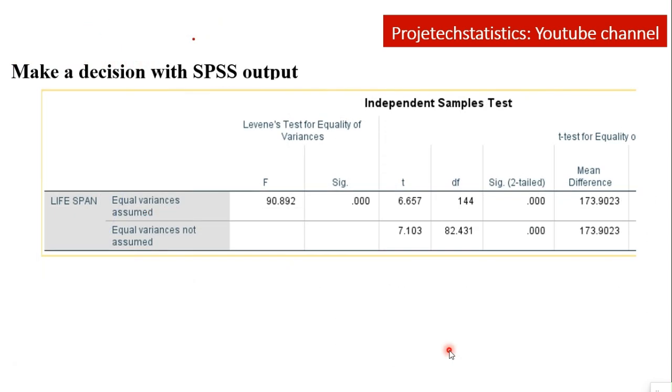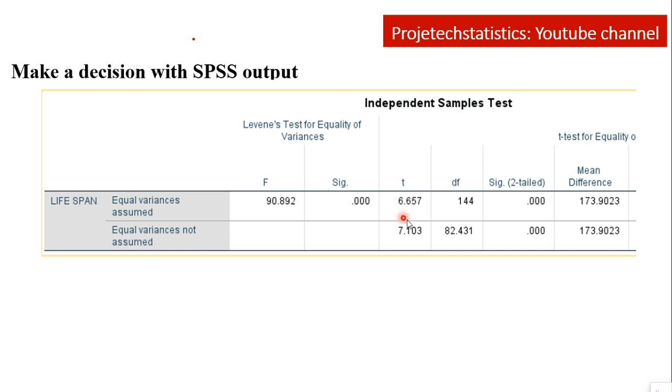So I have an example here to demonstrate what we have been discussing in this video. As you can see, our t-statistic here is about 6.657. 6.657 is actually way above 1.96, so it's definitely going to be in the positive region, that is, in the rejection region.